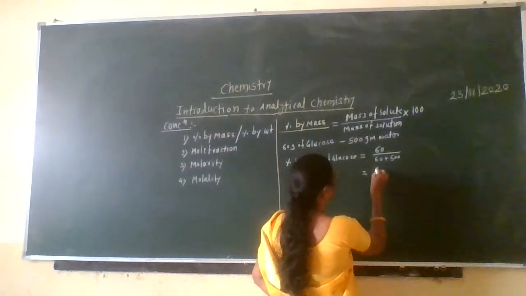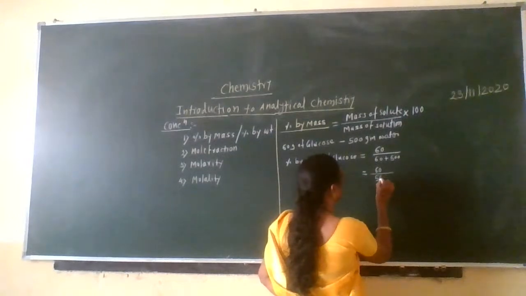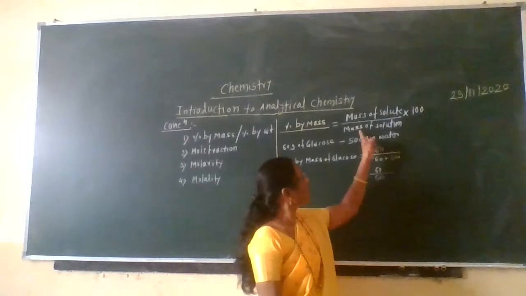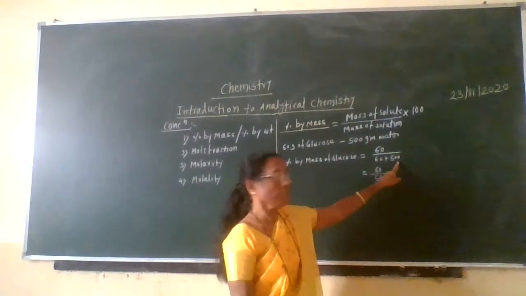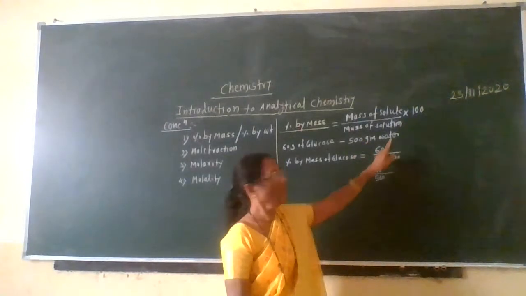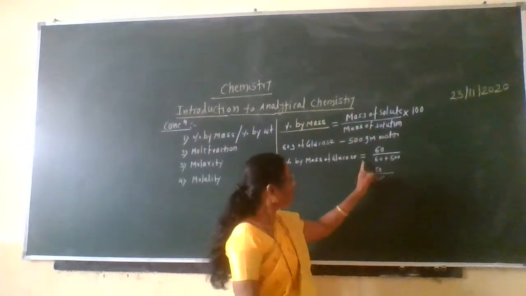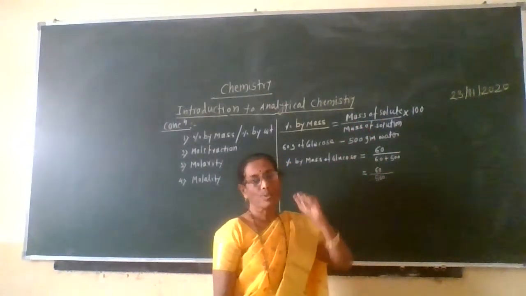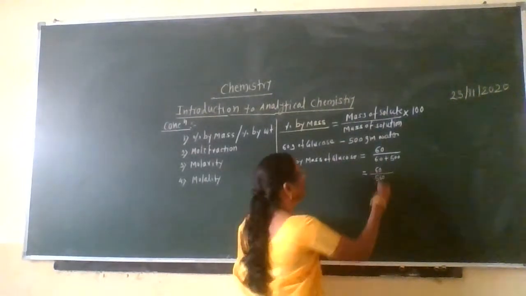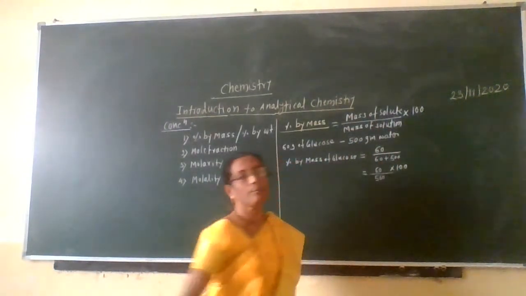That means 60 divided by 560, which is the mass of the solution. The mass of the solution becomes 500 gram, the mass of the solvent, that is the water, plus 60 gram, the mass of the solute. Therefore, the total mass of the solution becomes 560, and according to the formula, multiplied by 100.